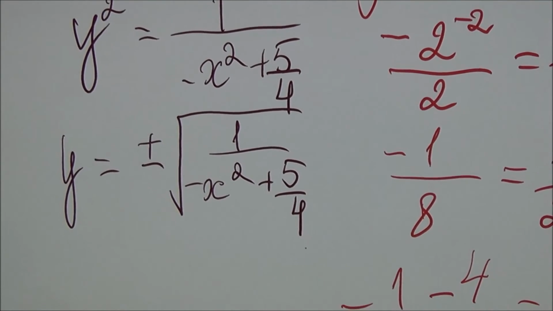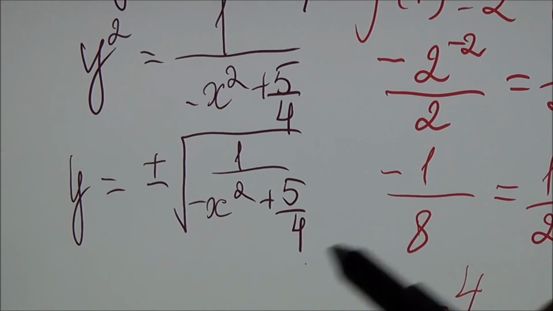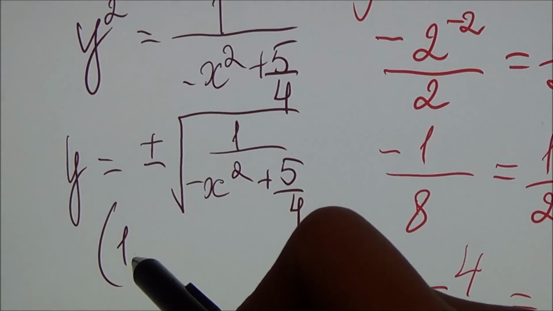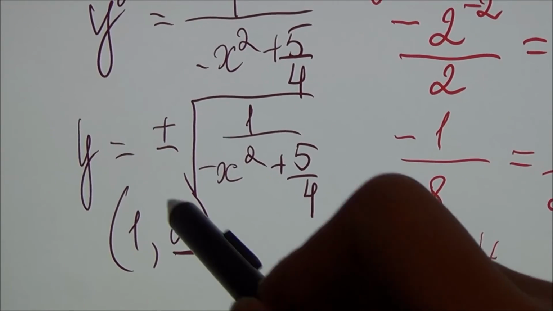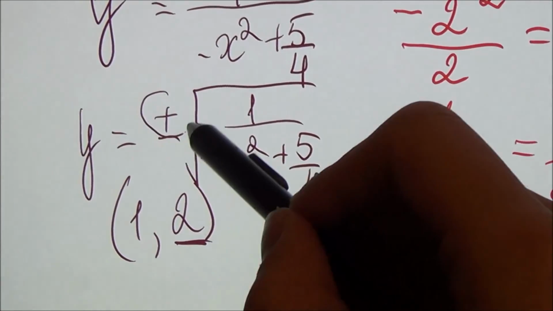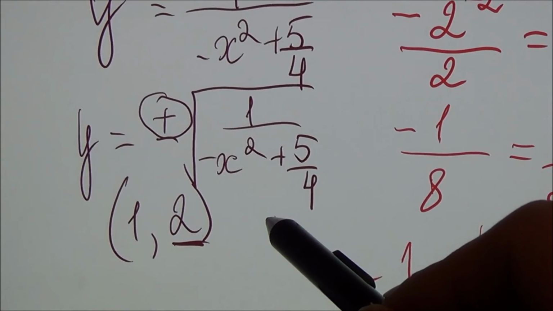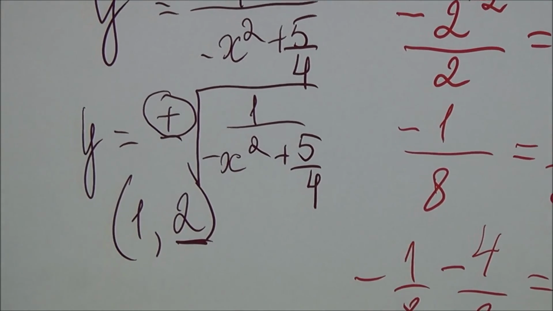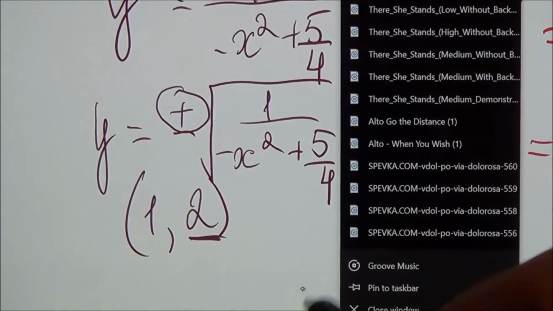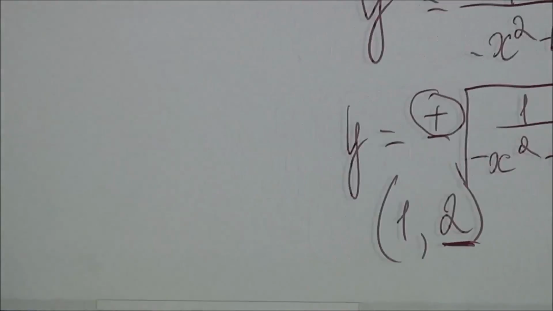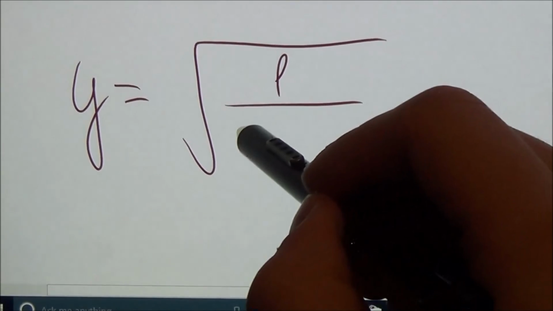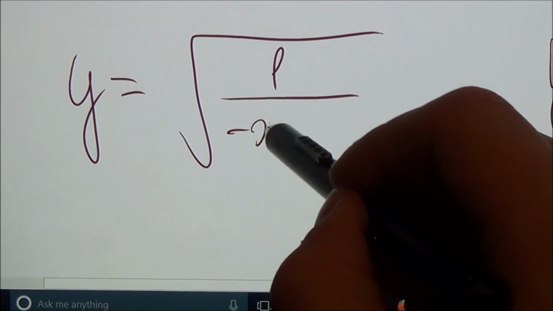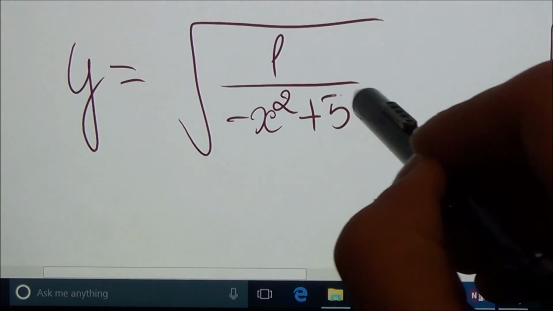Now we need to find out if it's a positive or a negative. So our initial condition says that when x is equal to 1, y is equal to 2. So y has got to be positive, and this can only happen with the positive in front of the square root. So our final equation is going to be y equal to positive square root of 1 over negative x squared plus 5/4.